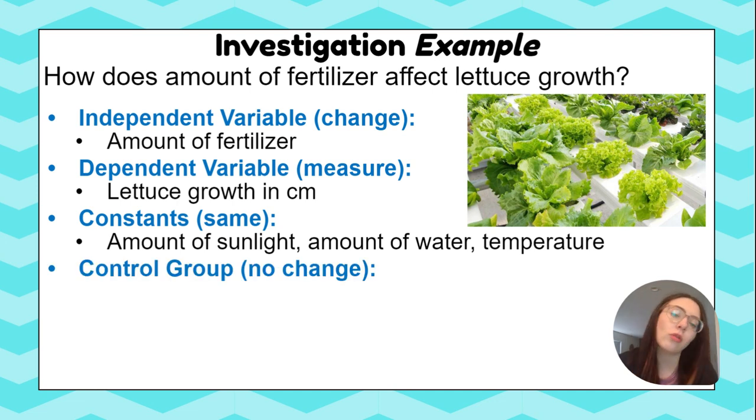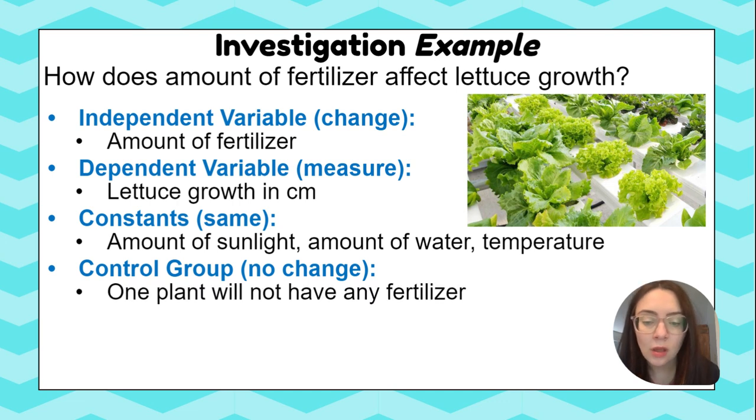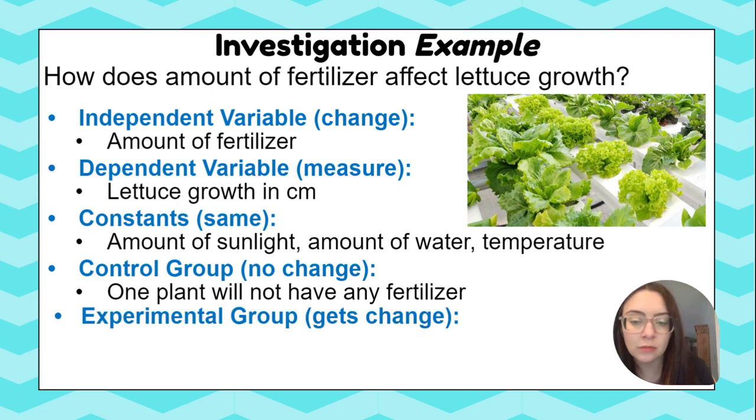Okay, control group. So if I'm changing the amount of fertilizer, what would my control group be if the control group is to get no change? We would have one plant that will not get any fertilizer, or maybe it's one group of plants that gets no fertilizer.